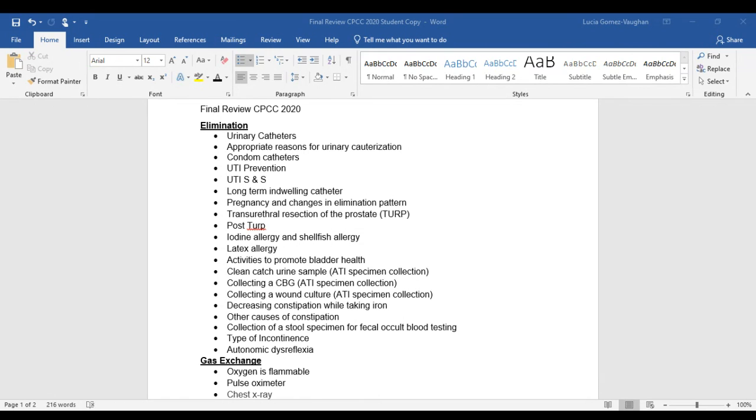Prevention of UTI. Always use sterile technique when placing a Foley catheter. You want to give appropriate hygiene and care to the genital region. We want to assess our system. We want to keep it closed. We want to avoid stool contact with the catheter and at the urethral meatus.